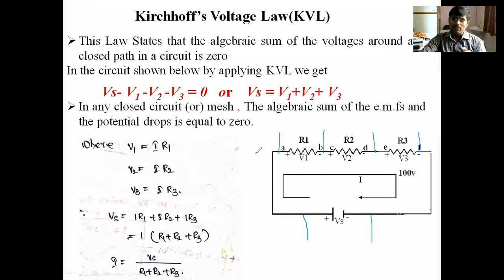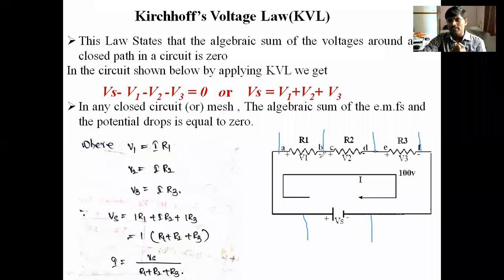The circuit may consist of some sources and some active and passive elements. Active elements are those which supply energy. Passive elements are those which consume or absorb energy. Here the voltage source supplies energy, whereas the resistors R1, R2, R3 consume energy.